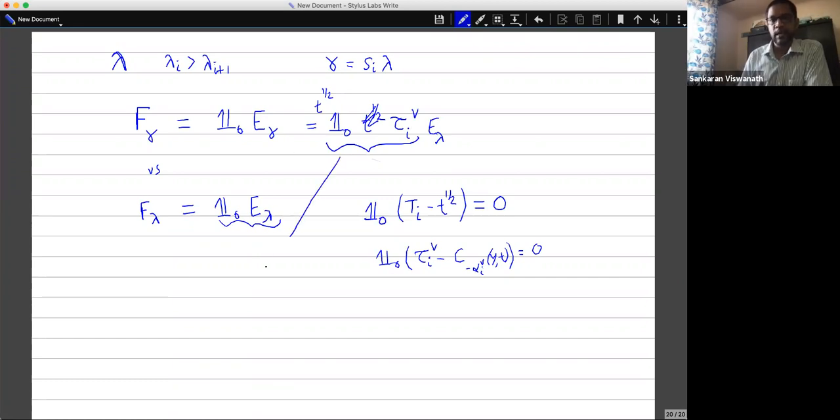Okay, so this is sort of where the C function, the C operator, comes from. There's a t power half outside, there's a C operator times E lambda. But of course, the C operators act nicely on E lambdas because they just give you the corresponding eigenvalue. So this eigenvalue here is exactly what you're seeing in that product formula.